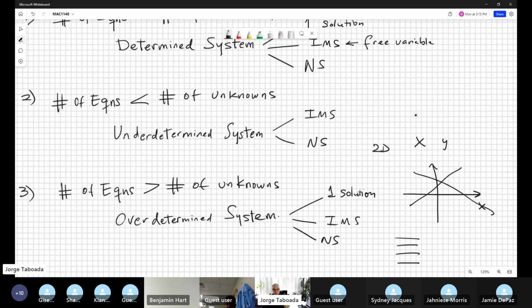If we have no more equations, this is the solution. But suppose you have one more equation, and by coincidence, it passes through the same point. And then, okay, no problem.